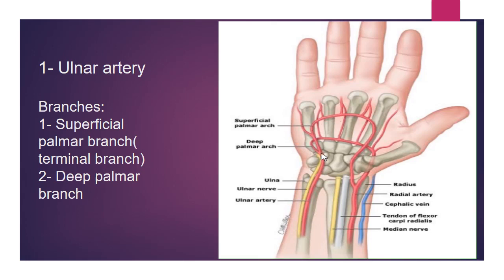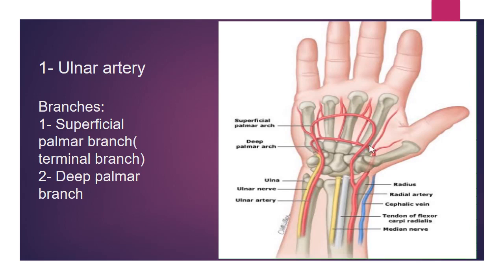The second branch of the ulnar artery is the deep palmar branch. This deep palmar branch joins the deep terminal branch of the radial artery and forms the deep palmar arch in the palm of the hand.